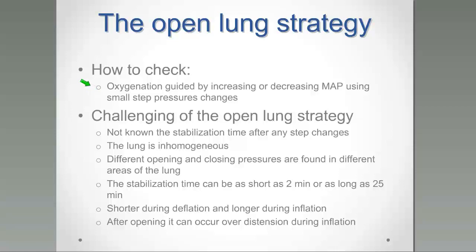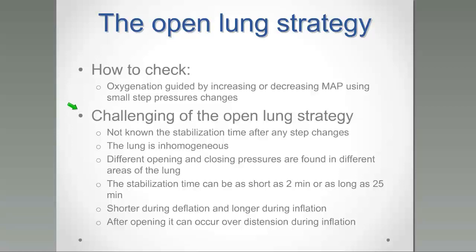But remember that this is a very challenging situation because we don't really know how long we need to wait from each step-by-step increase in the mean airway pressure until the pressure opens the lung.